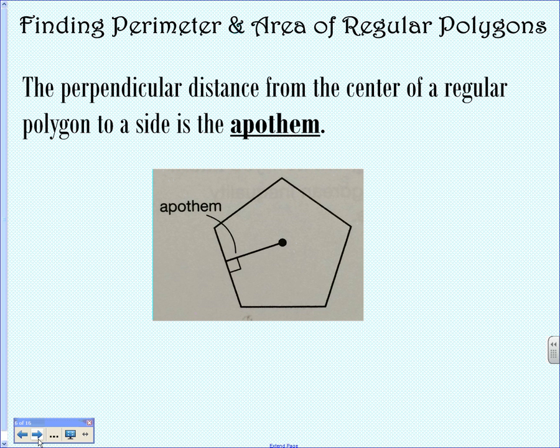And you're going to want your apothem to find the area of your figure. Yes, it always is perpendicular. And it always goes to the midpoint. That's what makes it perpendicular.